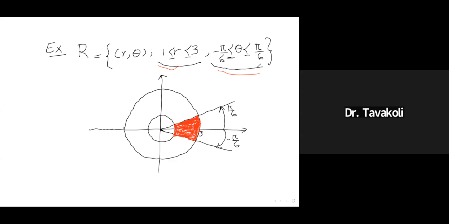Now let's see how this is helpful in double integrals. In double integrals, we are integrating over some region R of some function f of x and y. Instead of dx dy, let me write dA, the infinitesimal of the area.